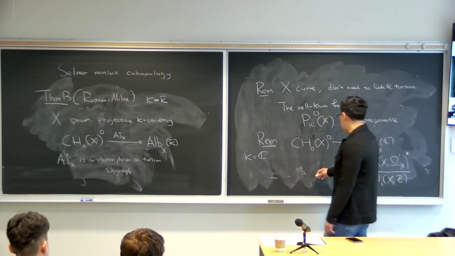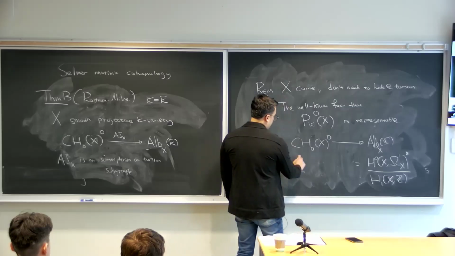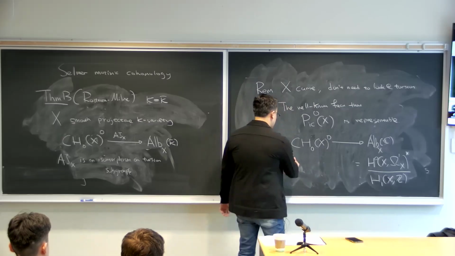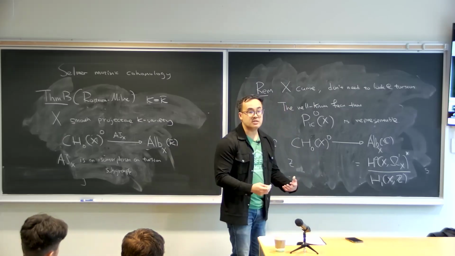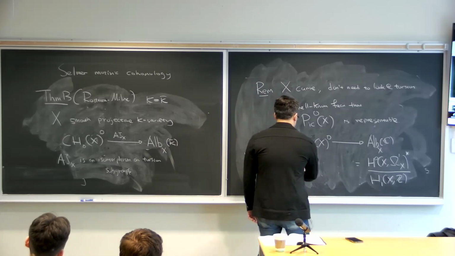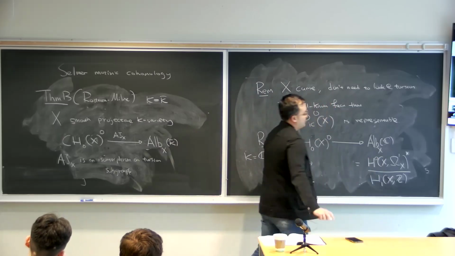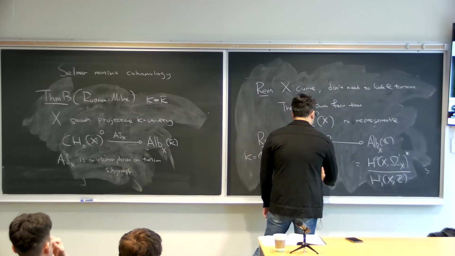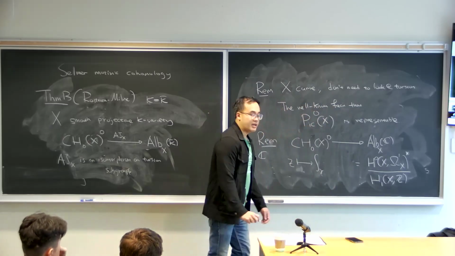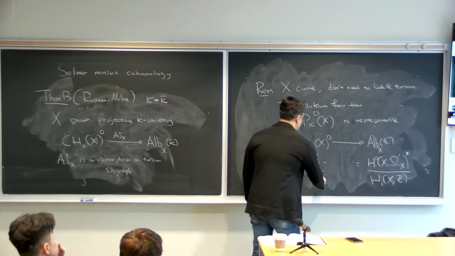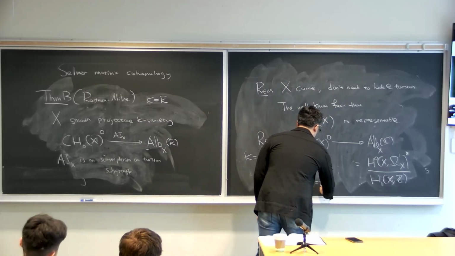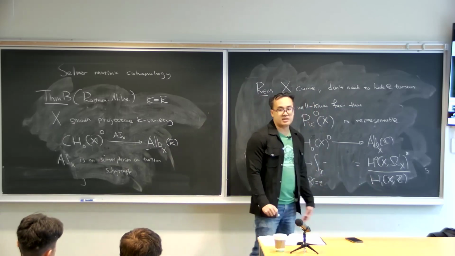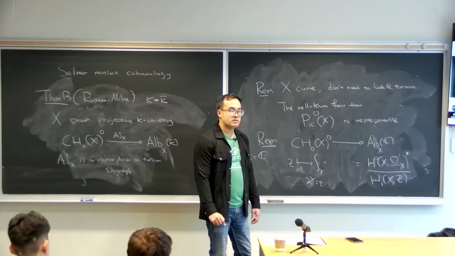Okay, and this map is given as follows. You take a cycle, I call it Z. It's a zero cycle, it's a bunch of points. Then I'm going to give a linear functional on this H^0. The linear functional is given by the integral over gamma of a form, where gamma has boundary Z. But of course, there are different choices of gamma, and you eliminate the choices by this H_1(X, Z).